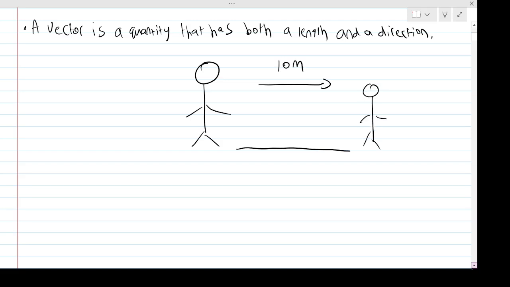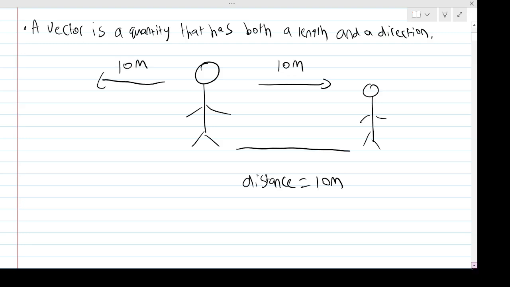If they walk 10 meters forward, the distance would be 10 meters. That's just how far they travelled, the distance they covered.